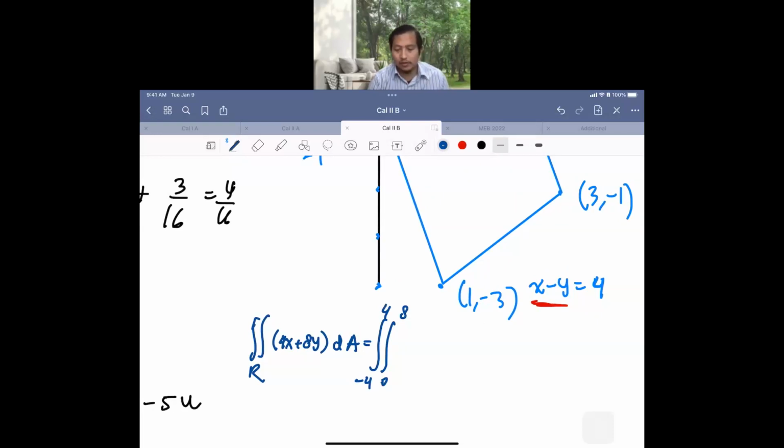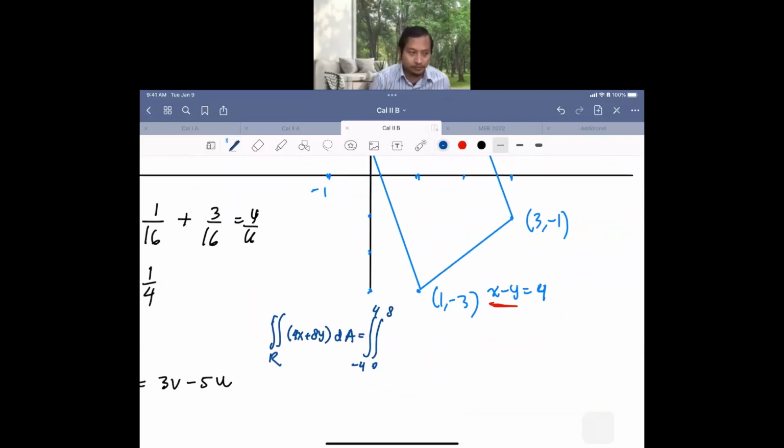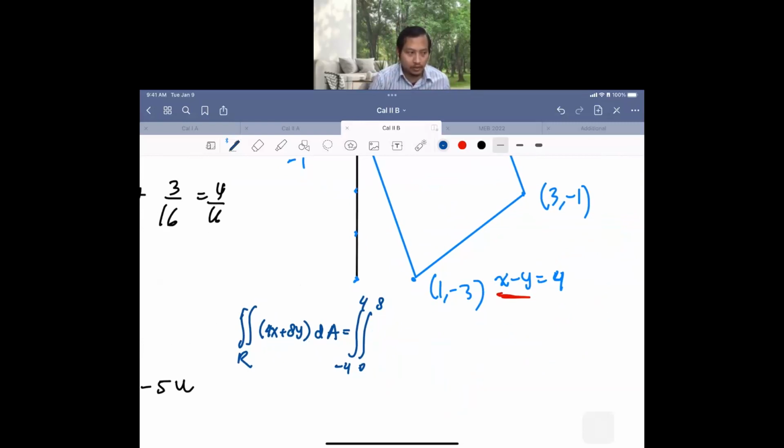We have a perfect rectangle, right? So we can write constants. So 3v minus 5u, and then we have the Jacobian 1 over 4 dv du. If you want du dv, it's also okay. I think this should be the same thing.